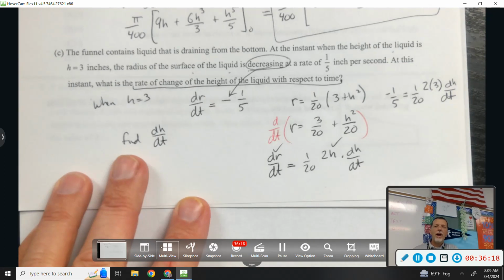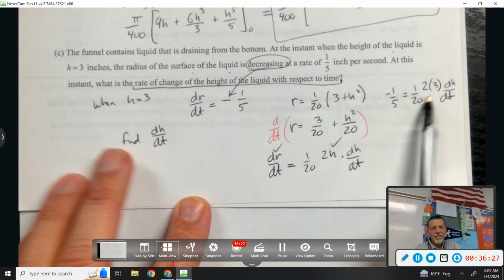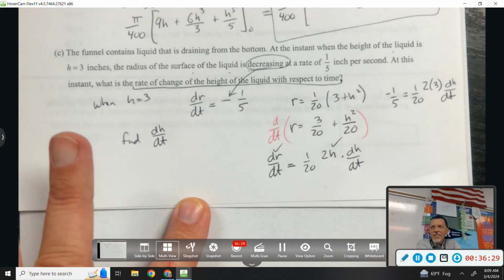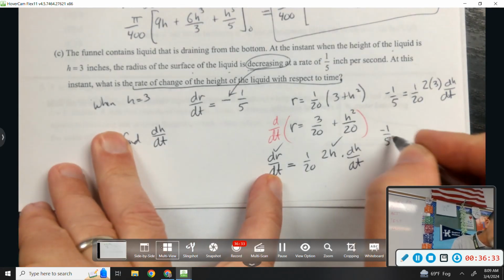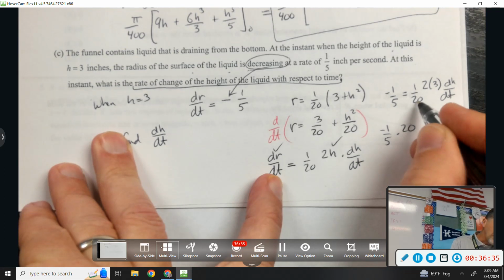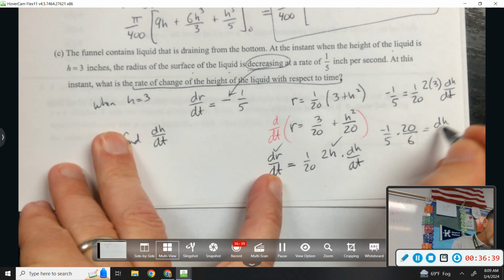Alright, now how do I not mess up the algebra on this? I'm tempted to multiply by 20 and divide by 6 and not reduce anything. It's an option. So negative 1/5 times 20 will fix that. Divided by 6 will fix that. There's dh dt.